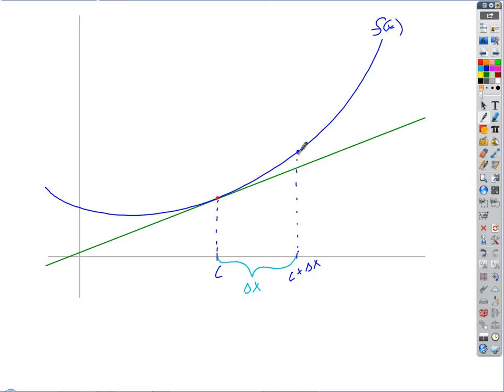This sounds familiar, doesn't it? We've got these two points. This looks an awful lot like the picture that we drew to define the derivative, with the difference quotient. It's similar. So the coordinates of this point and this point are what?